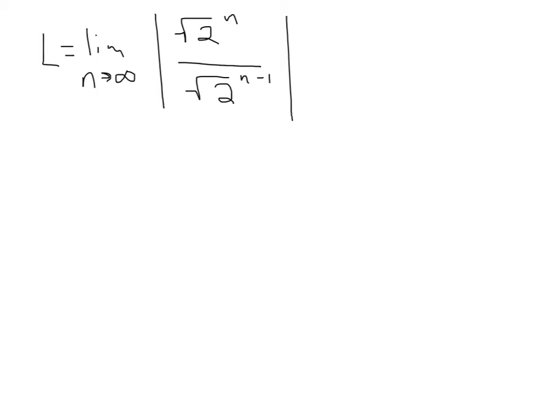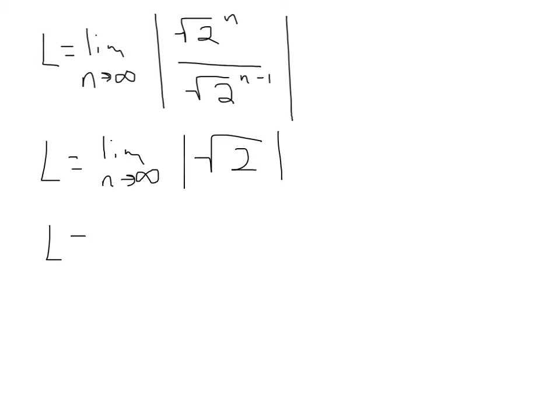Now we plug these values into the limit, and we get the limit as n approaches infinity of the absolute value of the square root of 2 to the n over the square root of 2 to the n minus 1. Simplifying, we get L is equal to the limit as n approaches infinity of the absolute value of the square root of 2.